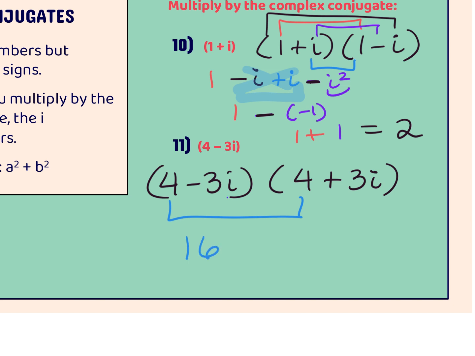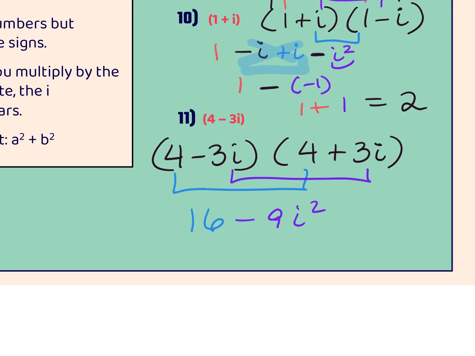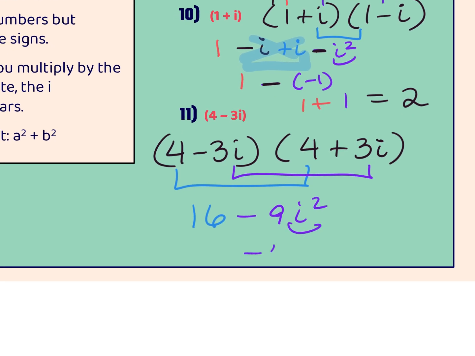Do last, you get negative 9i squared, but then the I squared becomes negative 1. So essentially it's becoming 16 plus 9. So then this becomes 16 plus 9, and you get 25. Remember, if you do the whole FOIL, the outer and the inner are going to cancel out when it's the conjugate.